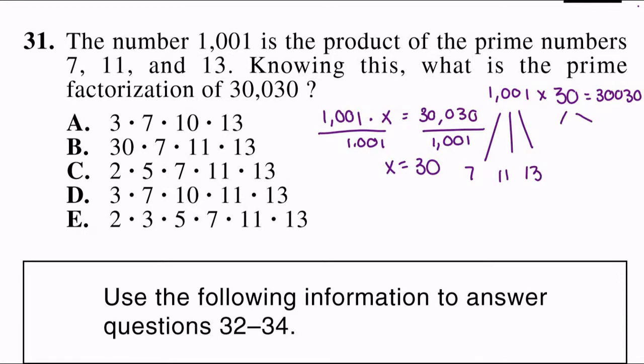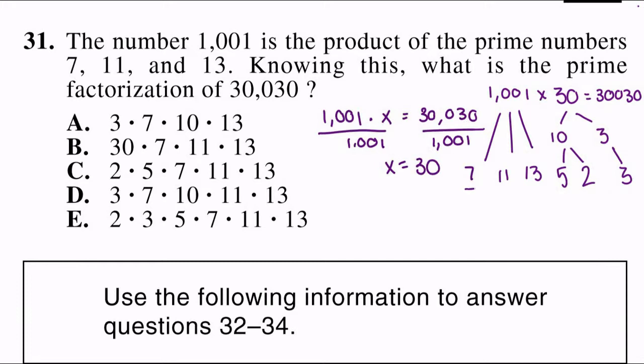We can break 30 down into 10 and 3. 3 is a prime number. 10, however, is not. We can further break that down into 5 and 2. Now, 5 and 2 are prime numbers. Prime number really just means that there is nothing more that you can divide it by besides itself and 1.